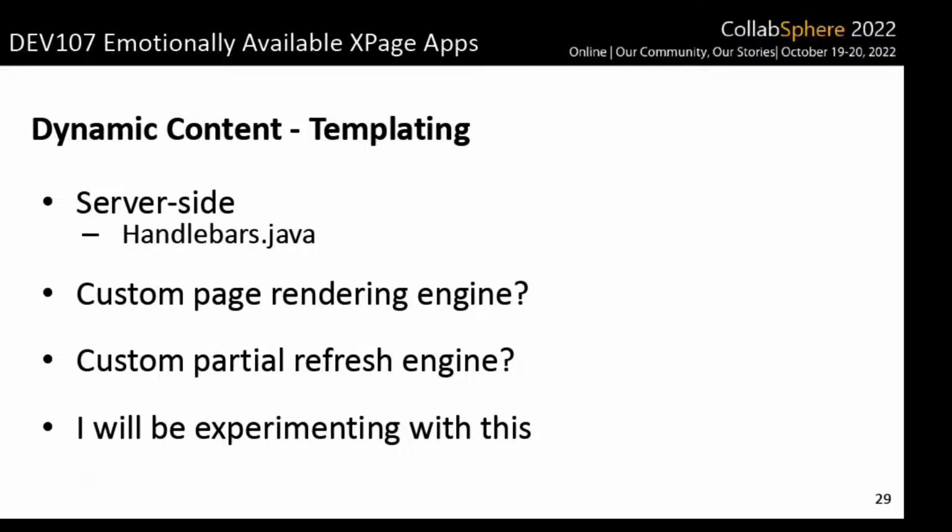So I see some potential there for having some custom page rendering, custom partial refresh rendering, and these are things that I definitely plan on experimenting with and playing with and blogging about. So stay tuned to xpage.me to potentially see what happens with that.